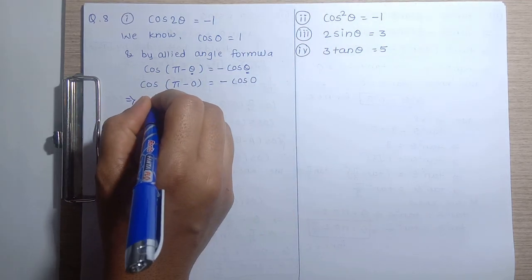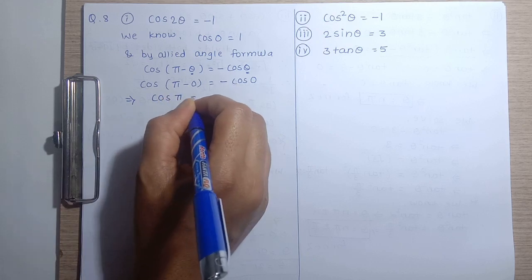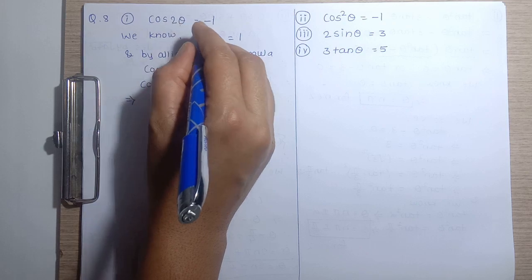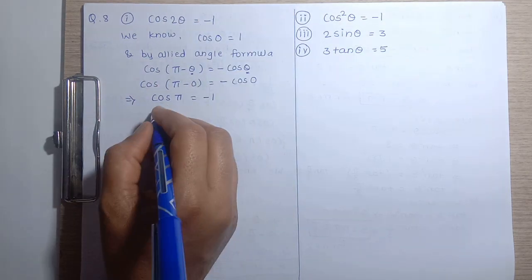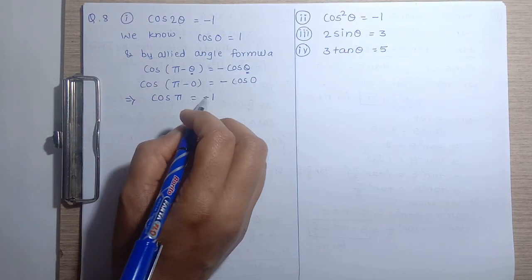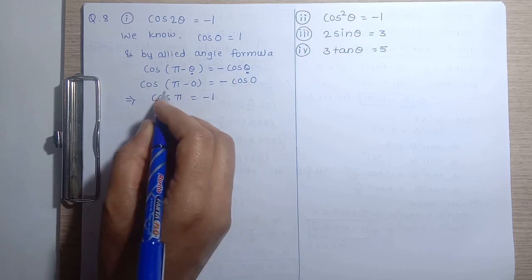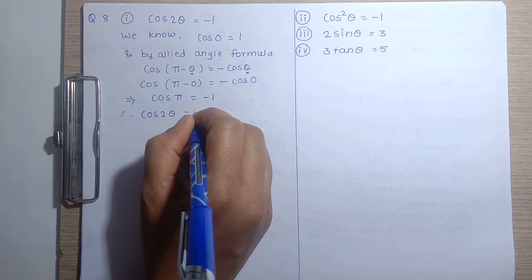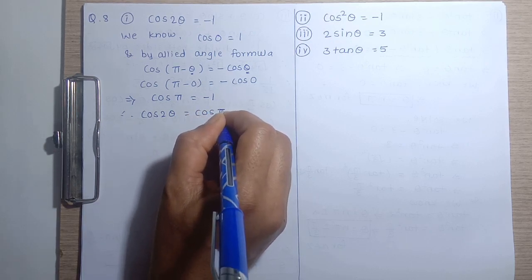Therefore it will imply cos pi is equal to minus 1. Okay, here in the right hand side that cos 2 theta is equal to minus 1, and here we get cos pi is equal to minus 1. Therefore here we can write cos of 2 theta is equal to cos pi.